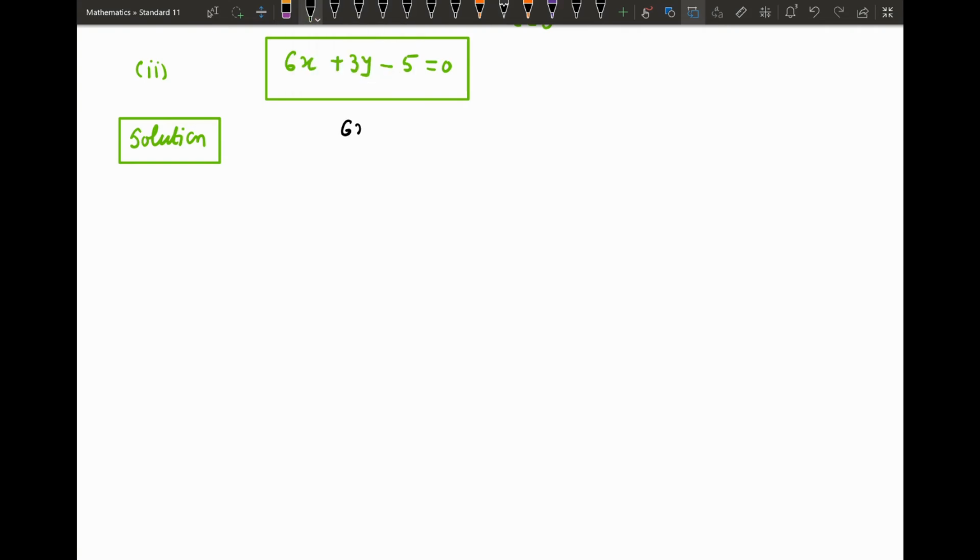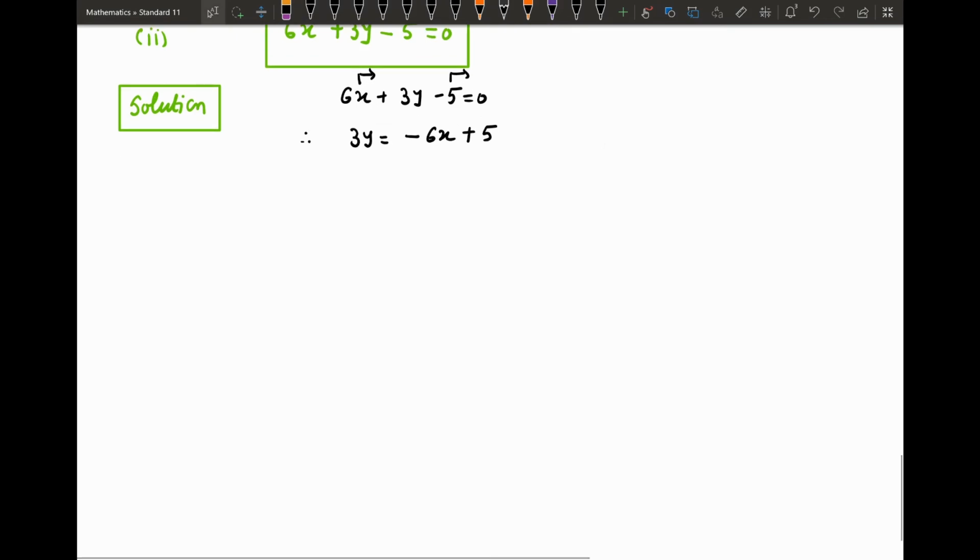So let us convert into the form y equal to mx plus c. So 6x plus 3y minus 5 equal to 0. So 3y equal to minus 6x plus 5. Transfer these two terms to the right hand side. So minus 6x plus 5 divided by 3 to reduce it into the standard form. So y equal to, when we divide by 3, minus 2x plus 5 by 3.